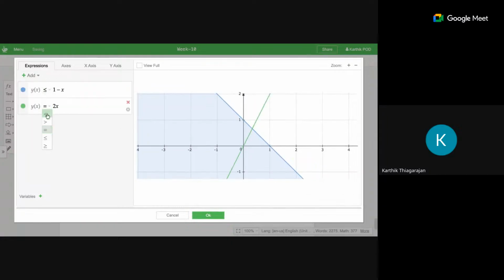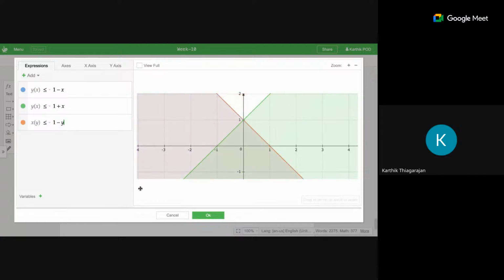Similar plot: y less than or equal to 1 plus x will be another region. So notice that now you have this common region so far, and you can also do this in terms of y. So 1 plus y.